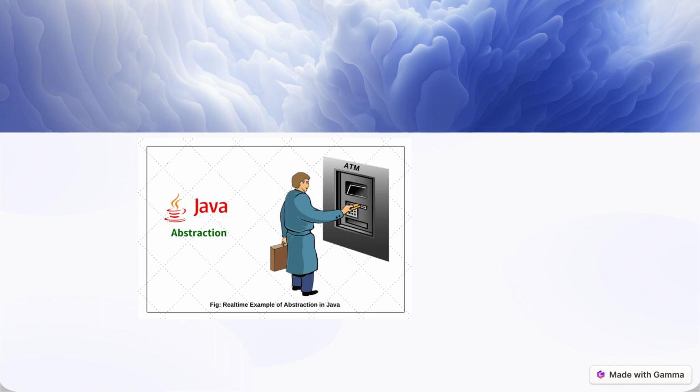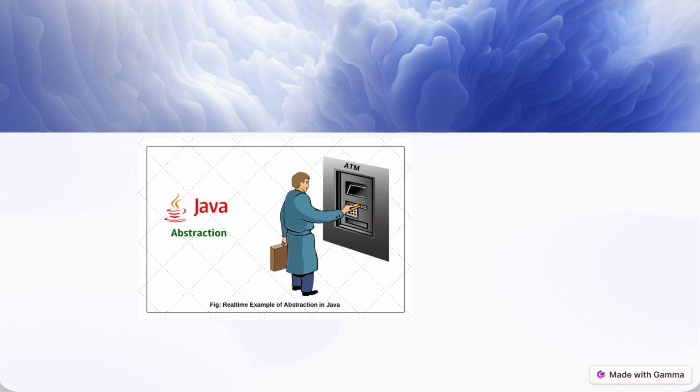Where that validation is happening, how the authentication is happening, all these details we don't know. And if you ask the bank also, the bank will not disclose how the authentication works, whether it is validating in the same machine or in some remote machine. If you ask, nobody will tell you. So that is known as abstraction. They want to hide the information from the customer, how it is happening.